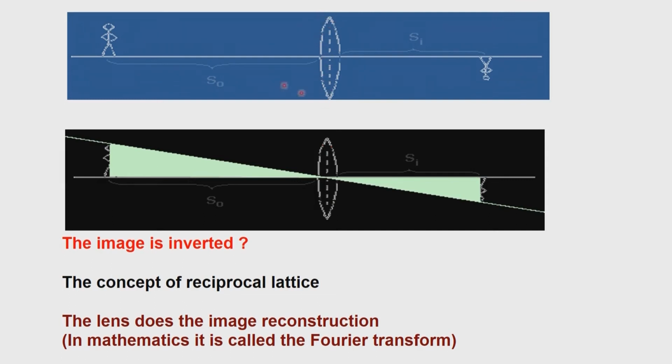So, all these are now plane waves which intersect at this point, and this lens now does the job of what is known as image reconstruction. This image reconstruction takes place and you get the image of this object, and then you say that the focal length of this lens is given by 1 over f equals 1 over u plus 1 over v, and we get the value of f. This was a high school experiment which we performed.